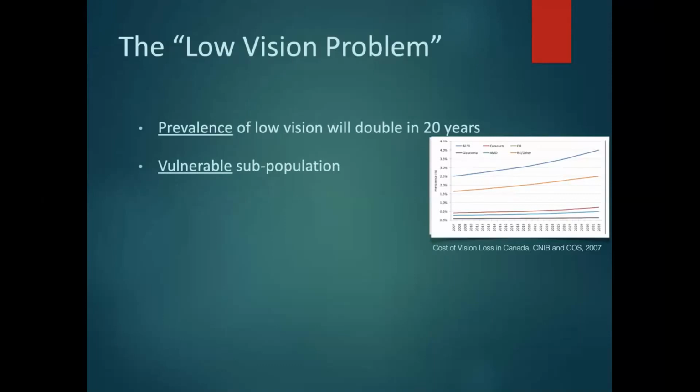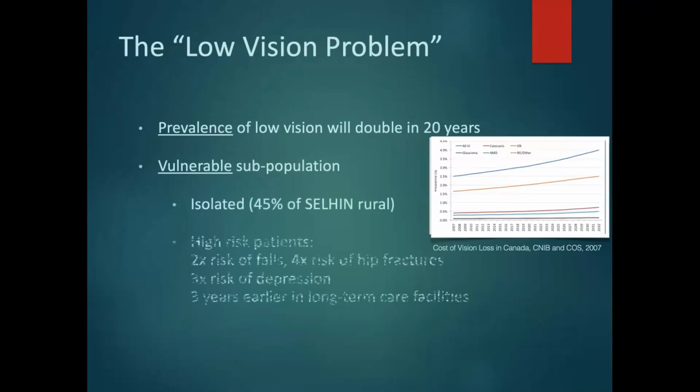If you're a current smoker, if you have other comorbidities, if you're a diabetic, if you have a reduced cognitive state, you're more likely to have low vision, and as a result, your risk profile elevates in terms of risk of falls, mental health issues, anxiety, depression, and admission to long-term care facilities. All of these things go up, and there's a cost to the patient and a cost to society.